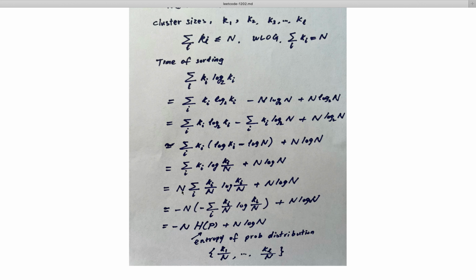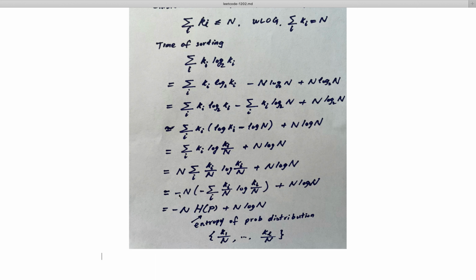Nothing changed, right? So we get n times the summation of ki over n logarithm ki over n, plus the remaining term. Then we add a negative sign in front and then add another negative sign, which leaves the original expression unchanged.